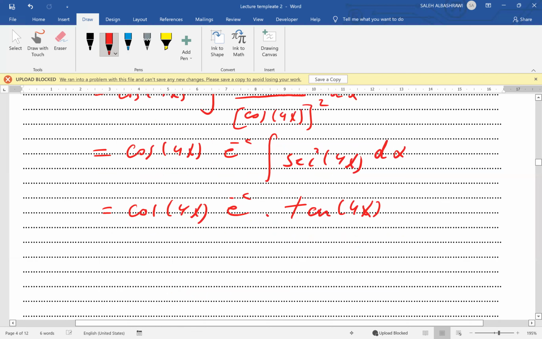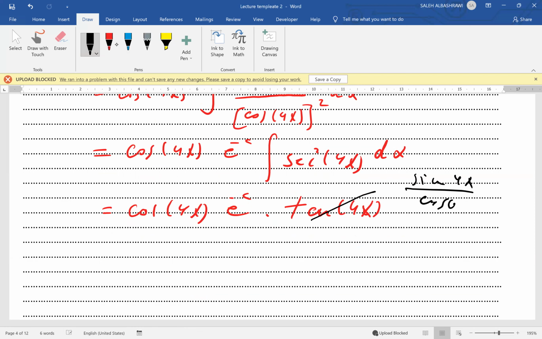But we know that if we multiply cosine by the tangent, I will have only sine, because tangent is sine 4x over cosine 4x, so this will cancel this one. So we'll have equal to e to power minus c multiplied by sine 4x.